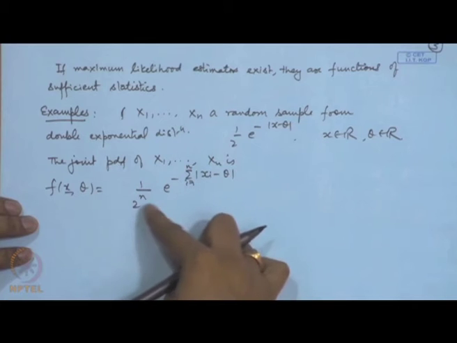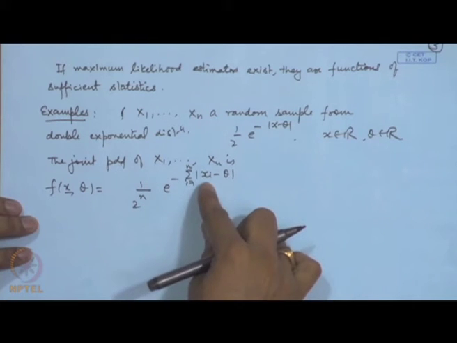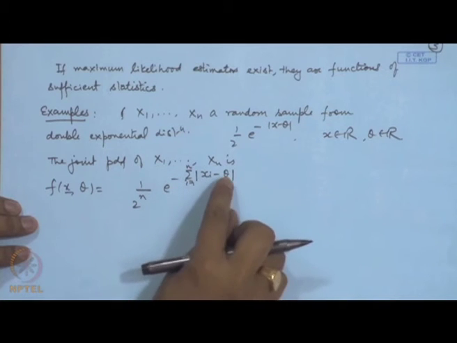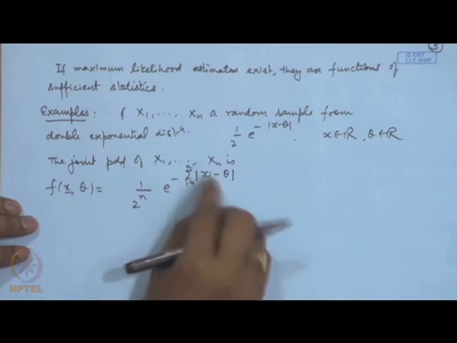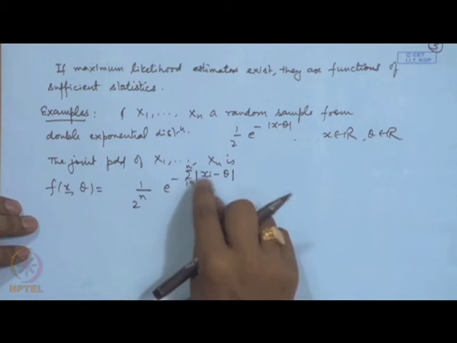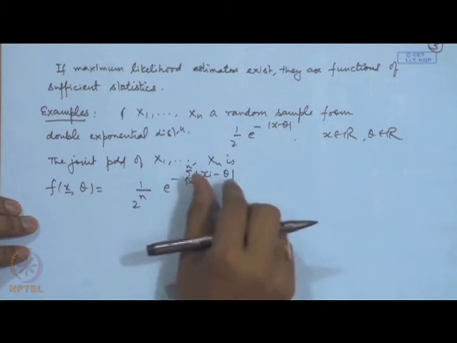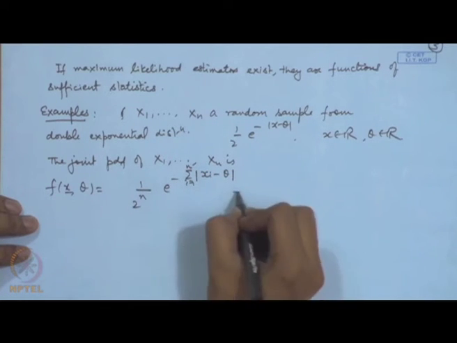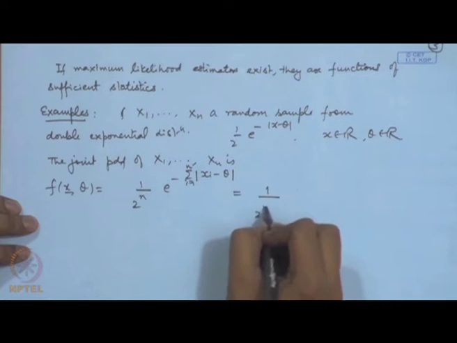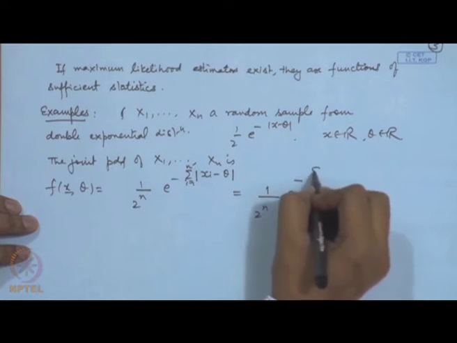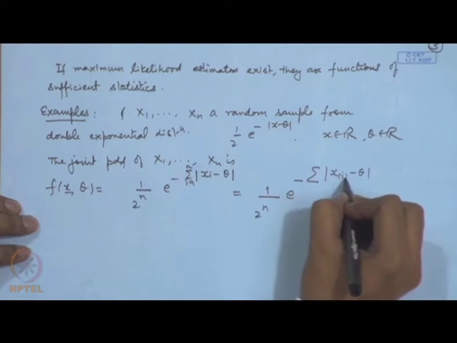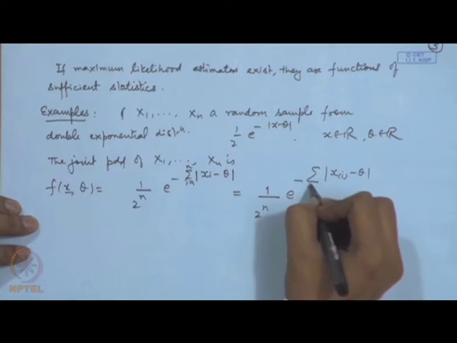Now, here you observe I cannot reduce it further as a function of parameter and another variable here, because each of the xi is appearing in the modulus sign, and therefore, I cannot separate it out. At the most, I can consider the reduction as 1 by 2 to the power n e to the power minus sigma modulus of xi order statistics minus theta.